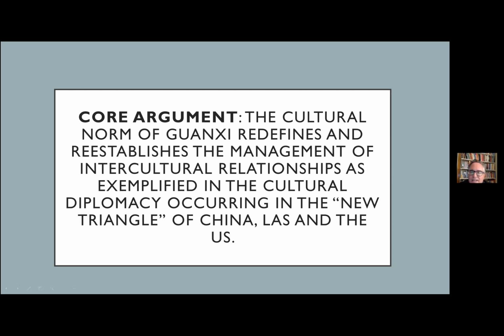This presentation is looking at how the American Culture Center in China was considered some kind of a failure, and how the Confucius Institute network and the larger Chinese communication network has been evolving, and looking at Latin America as the region of growth. So could we go to the next slide?